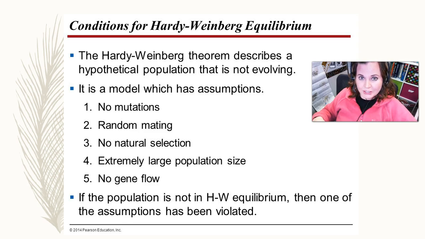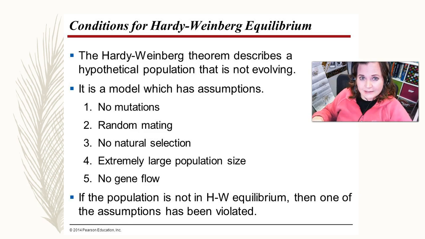Third, no natural selection. In other words, no traits that make it more or less likely for you to survive. There are no advantageous traits. And finally, extremely large population sizes and no gene flow, so no new genes coming in or out.